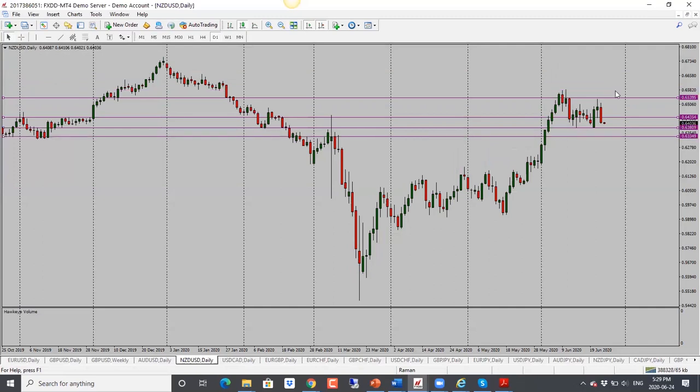Bias is bearish. In terms of a pullback here, we may get a pullback into 0.6435 area. And then next target here, this one is fairly close. We're looking at 0.6380 and then 0.6335. So bearish bias here for New Zealand dollar as well.